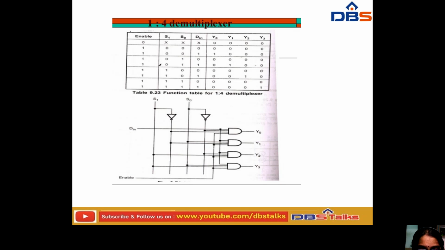Just like that, we have connected the logical circuits here. We have connected the AND gates to the demultiplexer input. Next, the second line is the S0 NOT gate, and the third one is the S1 NOT gate. Just like that, we have connected those values to the NOT gates.